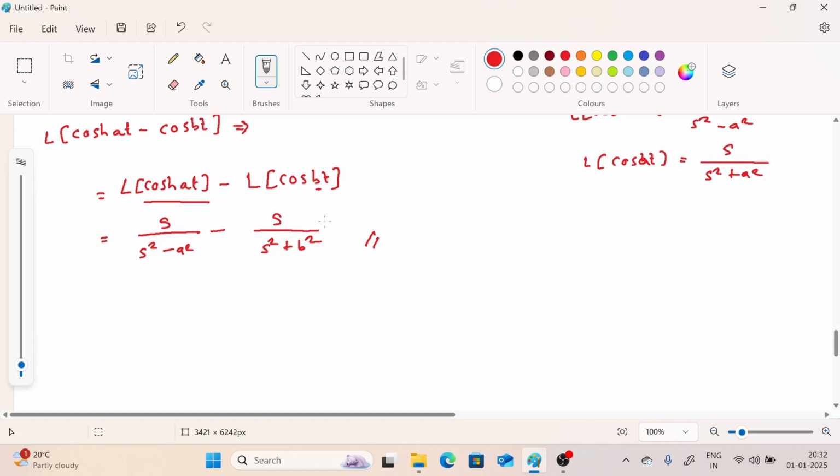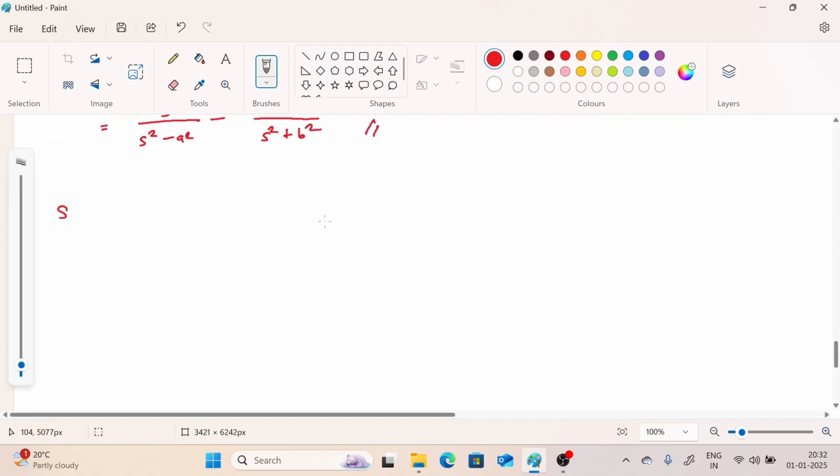Now I will take one or two more examples. Find the Laplace of the function sine square 4t. Now what do we need to do? Laplace of sine square 4t.